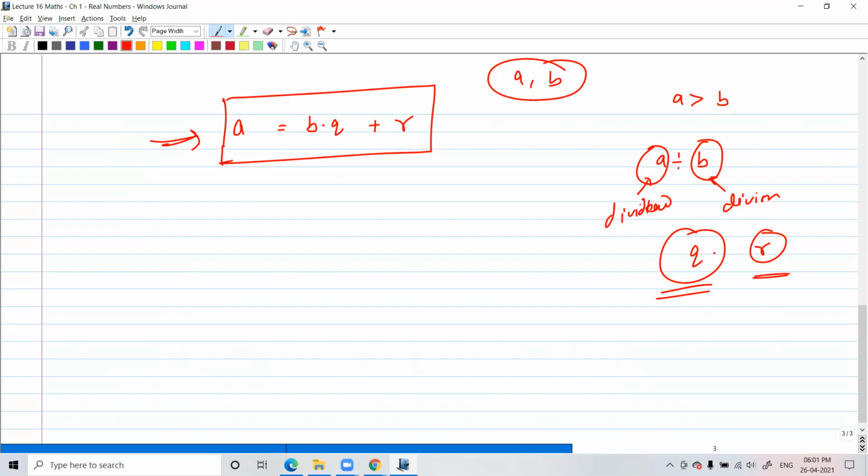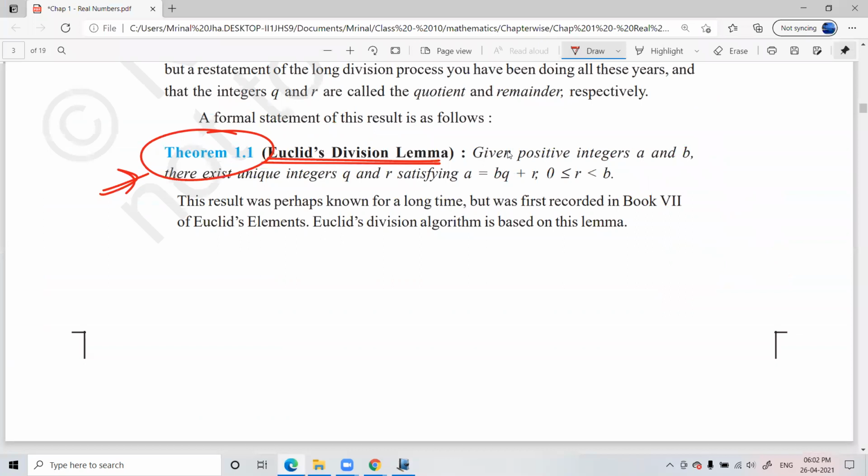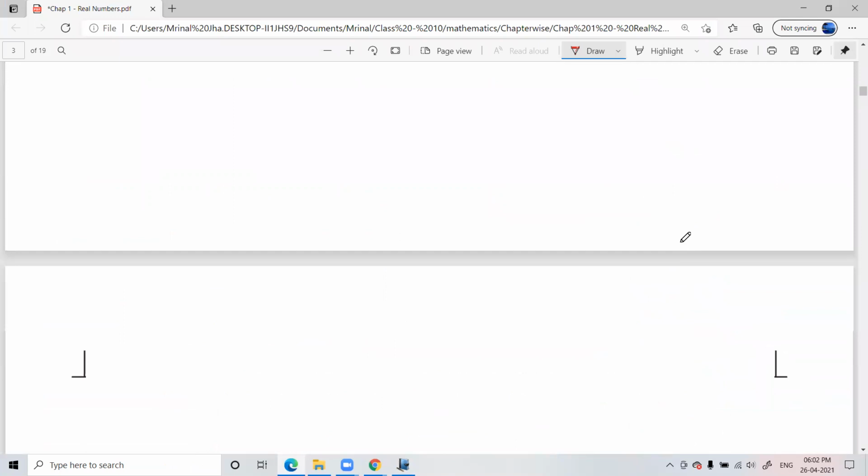But you might be thinking, what did this Euclid do? We already knew this as a division algorithm. Why is he telling me this again in a different form? So this is true actually, okay? You read this part of the story.